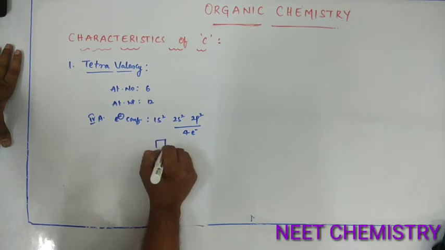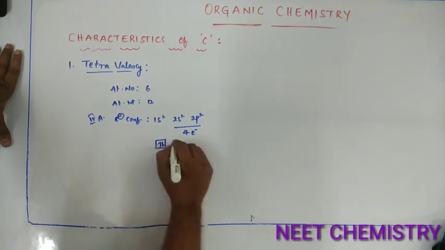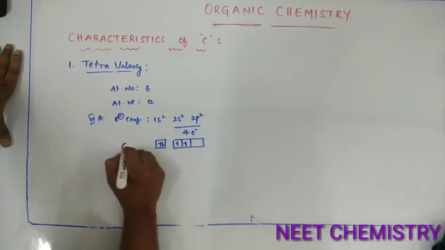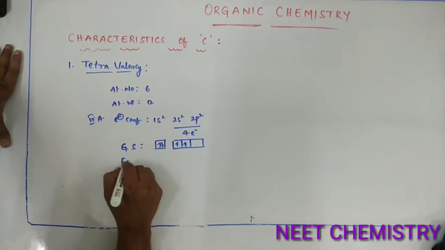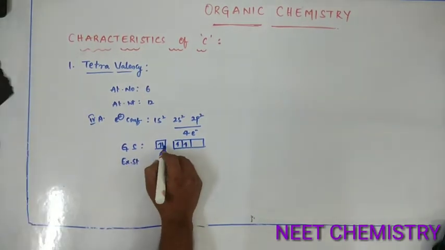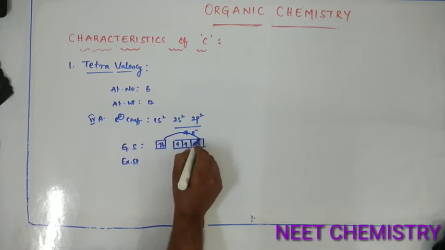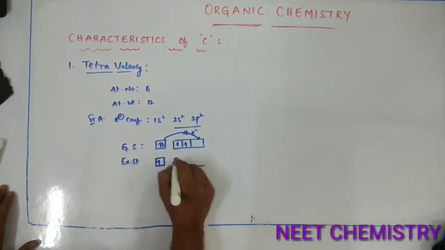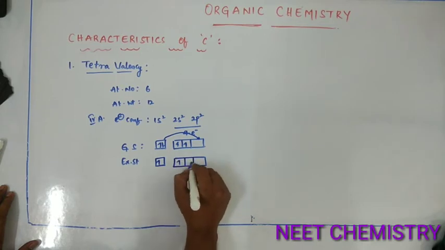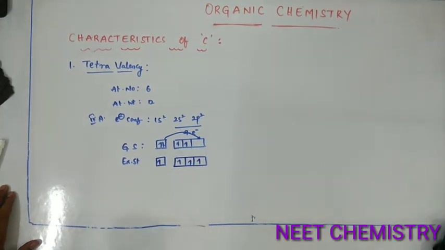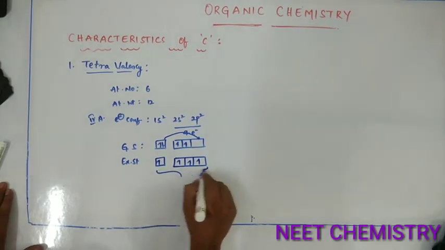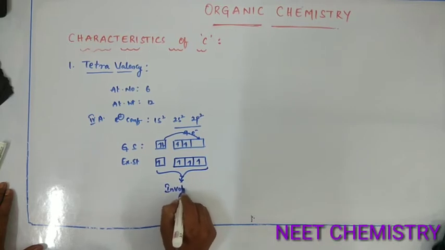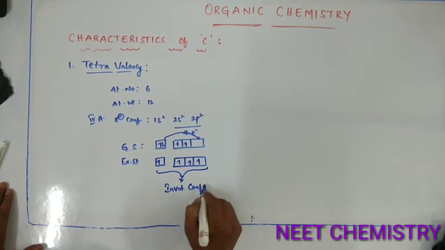In the ground state, the 2s2 electrons and 2p electrons exist like this. In the excited state, a 2s electron jumps into the 2p orbital, and it exists as 2s1, 2px1, 2py1 and 2pz1. These 4 unpaired electrons can be involved in covalent bond formation.